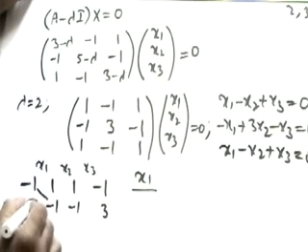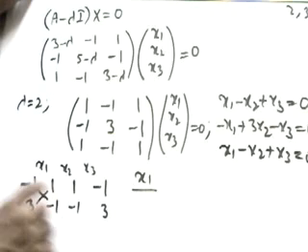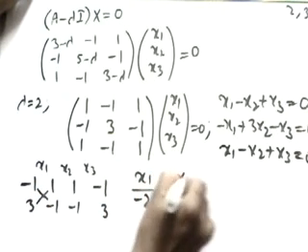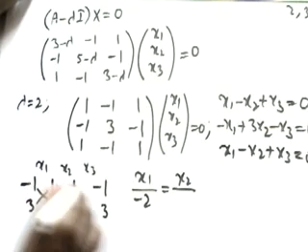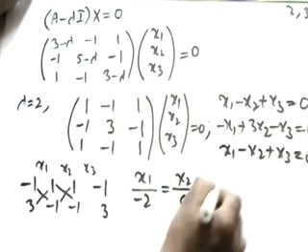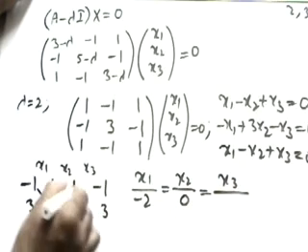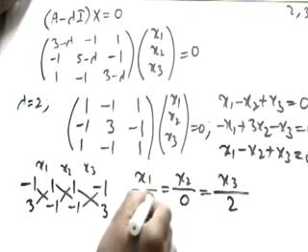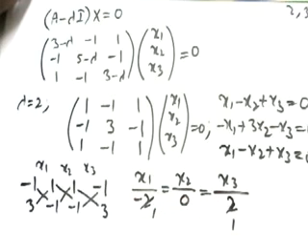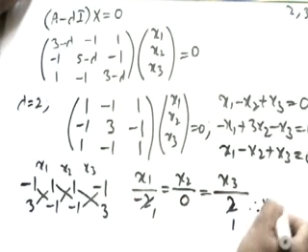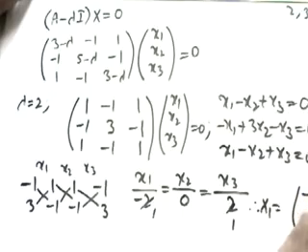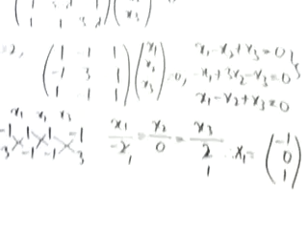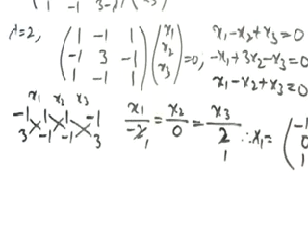So x1 divided by minus 2 minus... plus 1, 1 minus 3, which is minus 2, equals x2 divided by minus 1 minus 1, which is plus 1, 0, equals x3 divided by 3 minus 1, which is 2. We can cancel this 2. Therefore we get the first vector: minus 1, 0, 1.